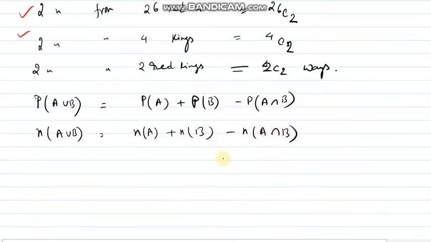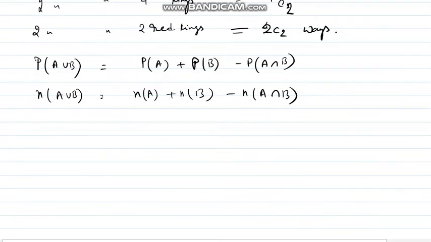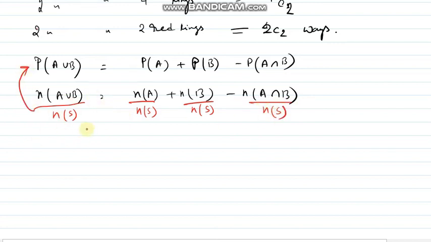From sets we know that. Now for probability we have to divide the whole thing by n(S), that's the sample set, right? So n(B) by n(S) will be the probability of B, and this gives you the probability of A union B.